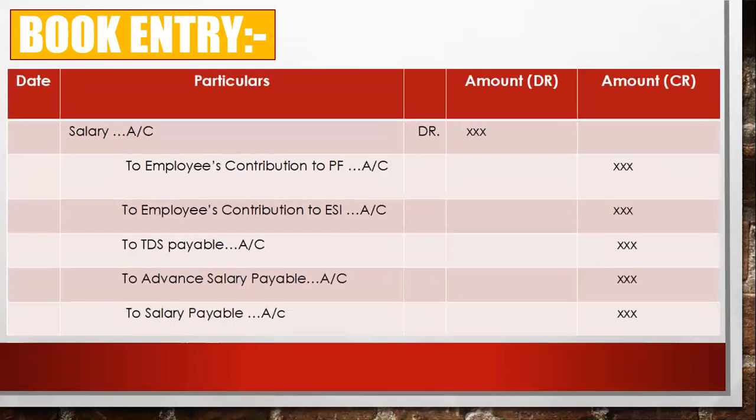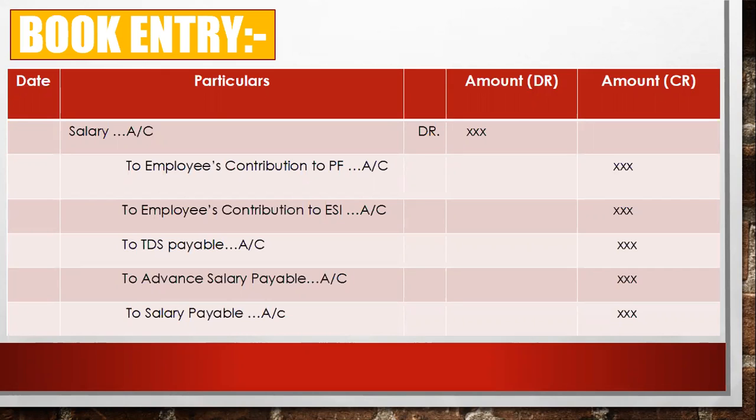As I told you, before making any payment, you have to pass a book entry as compulsory. So this is the book entry. If you are paying salary, salary is your expense, so salary account debited. The IT department has made it mandatory for all to deduct a few deductions from salary.